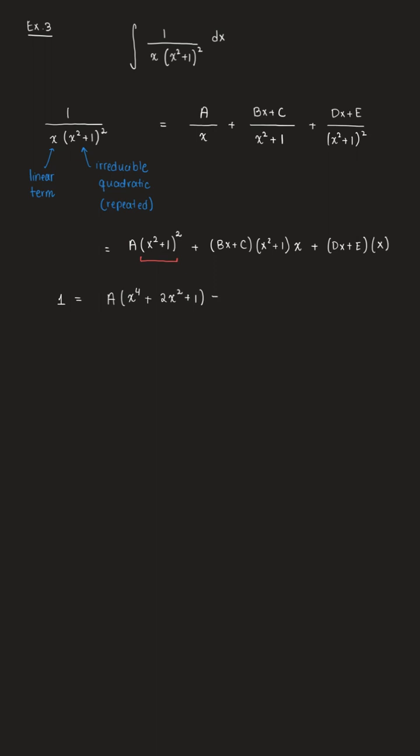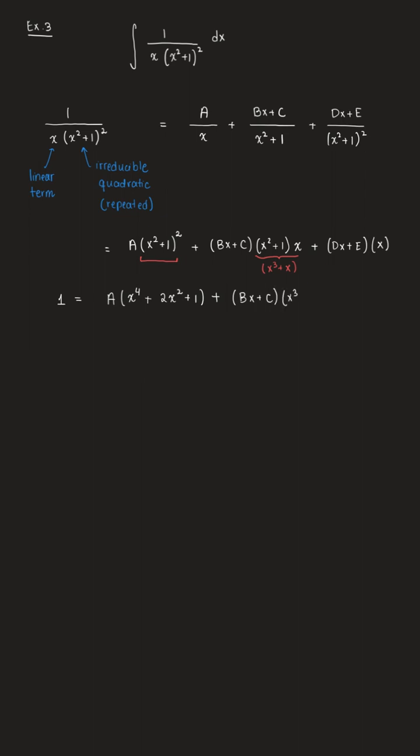And here, for the next one, we're going to have to multiply bx plus c times x squared plus 1. I'll do it here: when we distribute the x, this is x cubed plus x. I'll just write it here. We'll do the multiplication in a little bit so I don't make any mistakes.